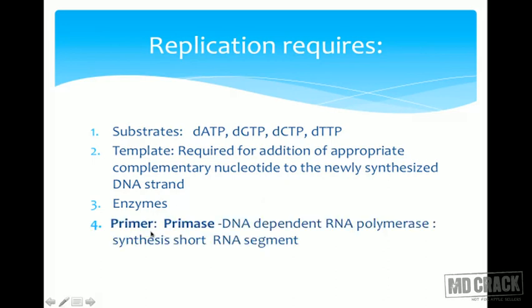Enzymes are required, and more importantly, to differentiate it from transcription or translation, DNA replication requires a primer. This primer is made from RNA, and there is a specific enzyme which catalyzes the synthesis of this primer, known as primase. Primase is a DNA-dependent RNA polymerase.